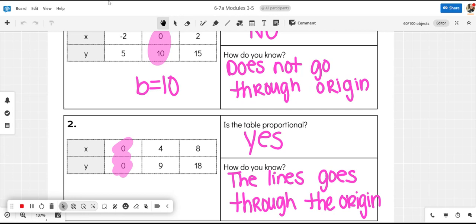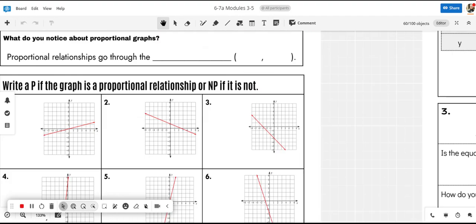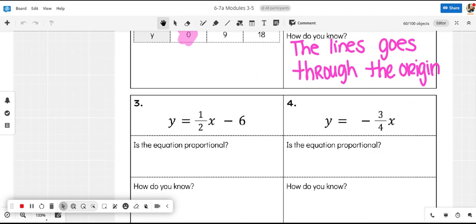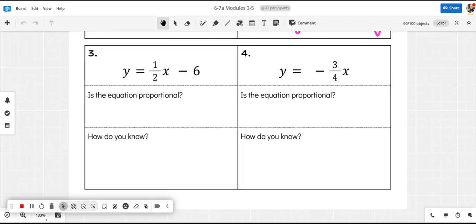All right, following that same concept, we're going to look at equations now. So again, if it goes through the origin, it means it has a b value of 0, and it's proportional. Looking at number 3, our b value in this case is -6. So is this proportional? No, because the b value is not 0.